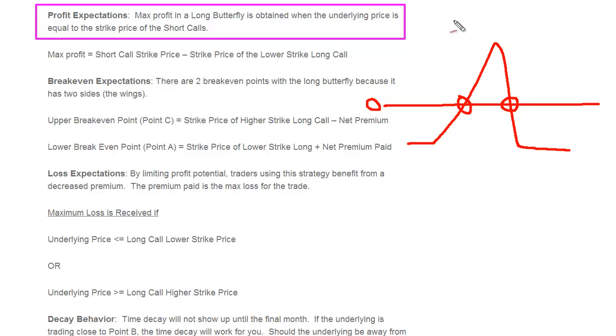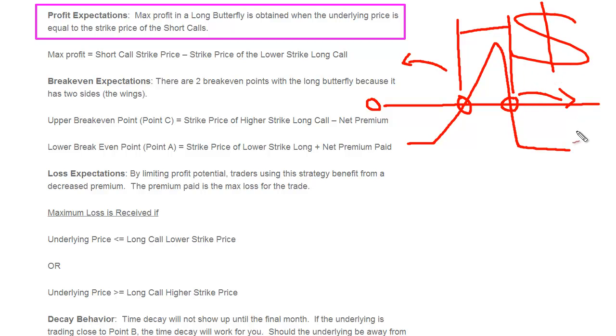Anywhere between this point and this point is going to be a profit. Outside of that, this zone here and that zone there, would be a loss. So you have to finish above the 0 line. Basically, all this would be profit, this would be a loss, and over here would be a loss on the trade.